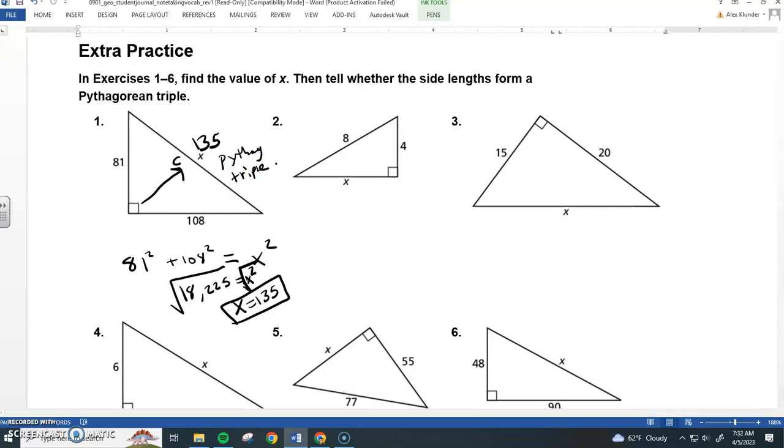If I look at a question like number 3, it's actually very, very similar. We have both legs. You'll recognize that 15 is a leg and 20 is a leg. And then x is my hypotenuse. That's going to be my C term. So once again, I can do 15 squared, 20 squared, x squared. So these all solve out in a very similar way.